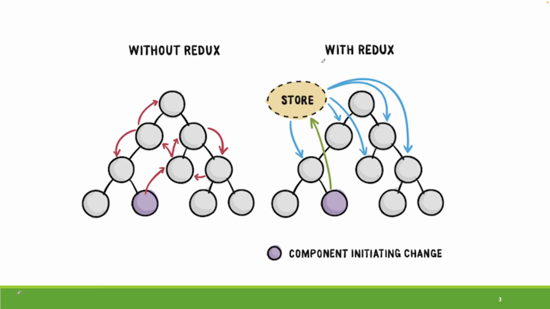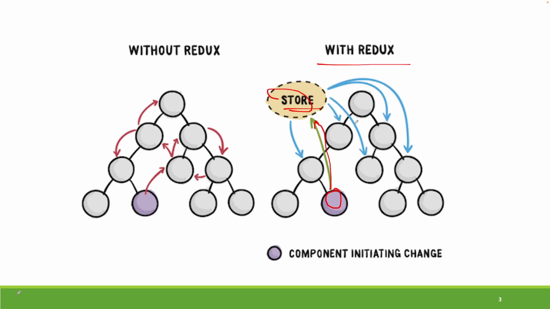And with Redux, it's very simple. Once you make a change in the purple component, you have to make a change to the store. So it's going to be this green line. If this purple one changes, it changes the store. And for all the other components, when they subscribe to a change, they just grab it.